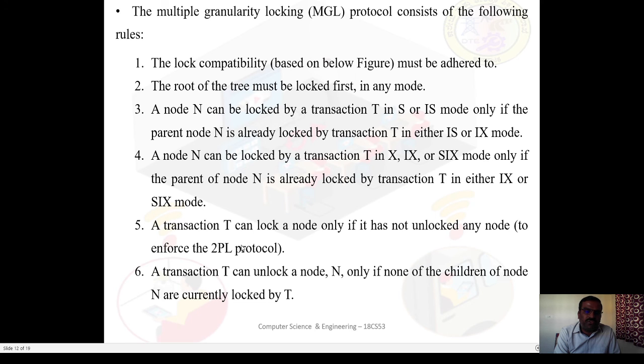This means to enforce the two-phase locking protocol. And the sixth rule of multiple granularity locking is a transaction T can unlock a node N only if none of the children of node N are currently locked by T.